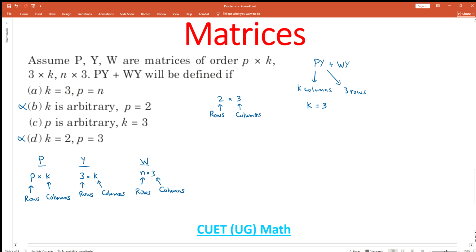Next, we can analyze the term WY. WY is the matrix product of matrices W and Y. W is the first matrix, Y is the second matrix. PY plus WY will be defined if WY is defined, and WY is defined if the number of columns in the first matrix W, which is equal to 3, is equal to the number of rows in the second matrix, which is matrix Y, and that is 3.